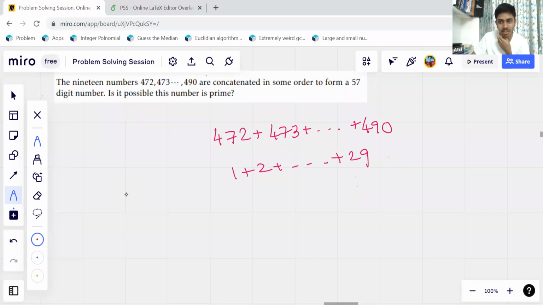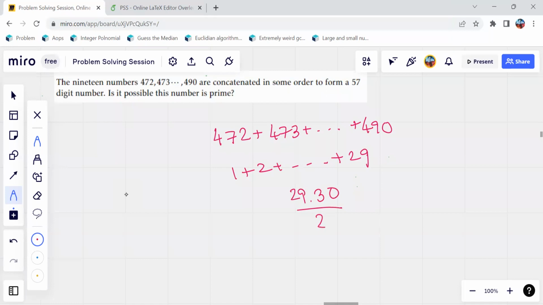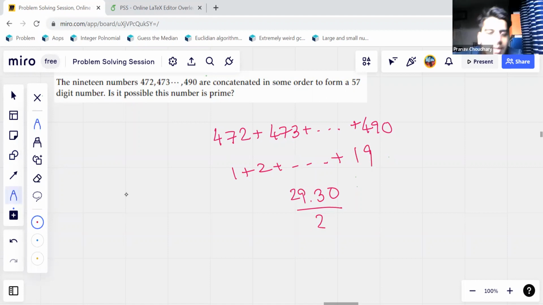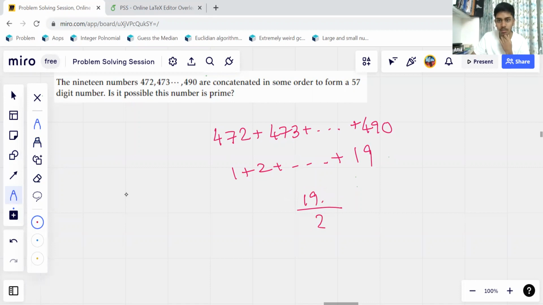Isn't this like 29 into 30 by 2? Yeah, but then it's also 471. Oh, it's 18. It's 19 here. That makes so much sense. Okay, so this is 19 times 20 over 2, which 3 does not divide. So it's not divisible by 3, which is unfortunate.